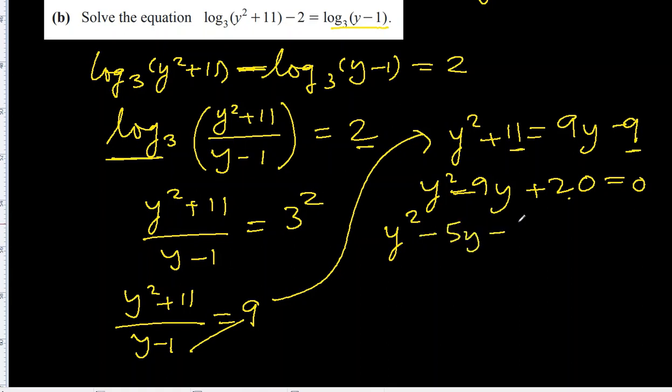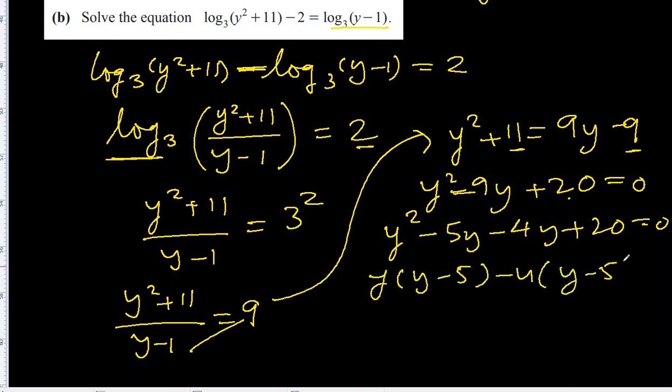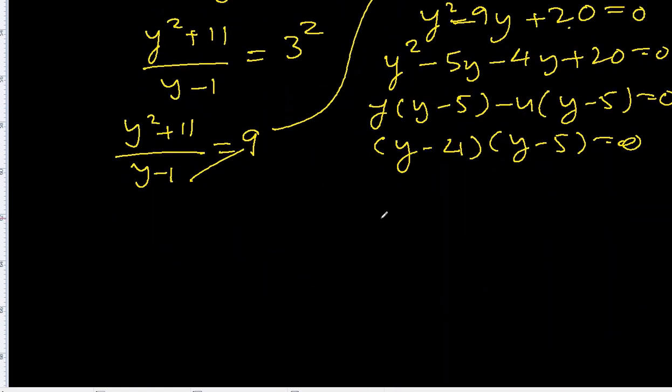So minus 5y minus 4y plus 20 equal to 0. Y minus 5, minus 4. So I get y minus 4, y minus 5. And because the multiplication is equal to 0, they can individually be made equal to 0.